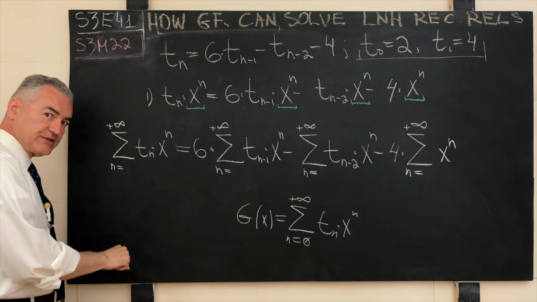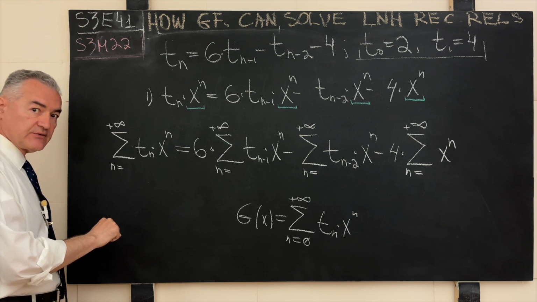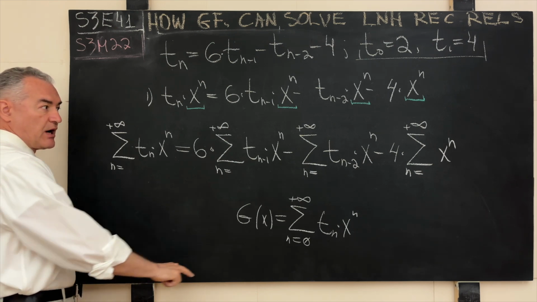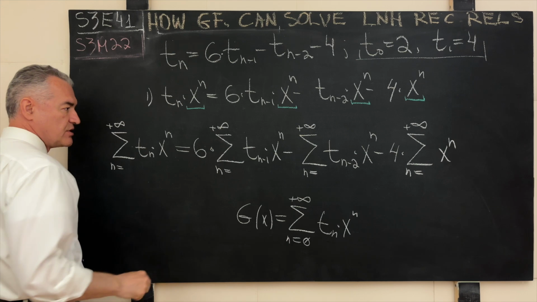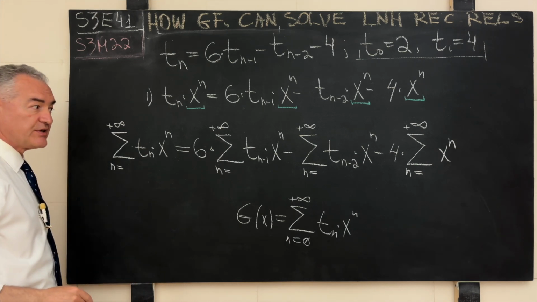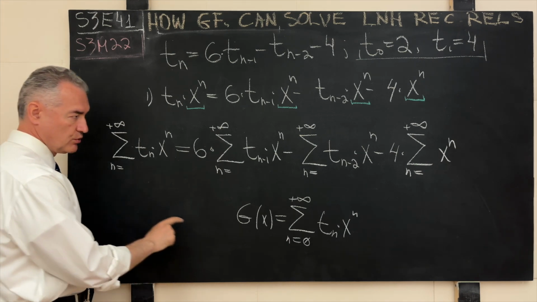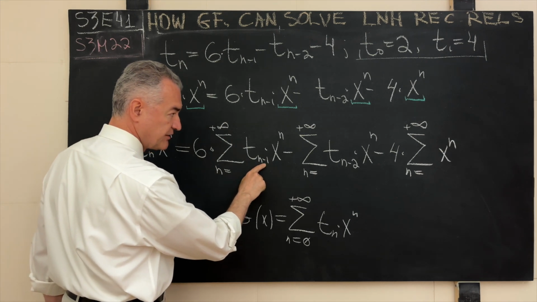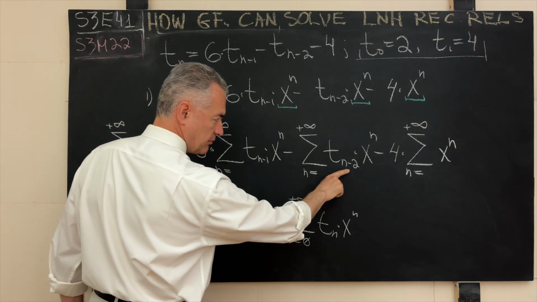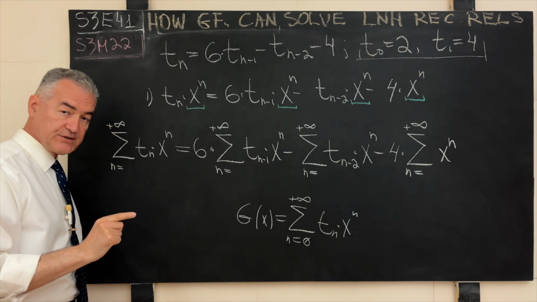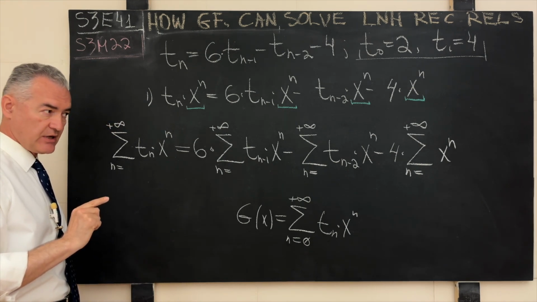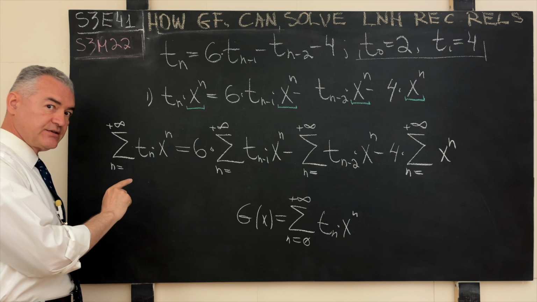Remember, in the Laurent series, yes, we're allowed to have negative indexes and powers of z in general, but in the Taylor series we are not. So if you put n equal to 0, what will you have over here? T sub minus 1, and over here you will have T sub minus 2. Again, in the Laurent series, this is admissible, this is allowed, but this is not a Laurent series, this is a Taylor series.